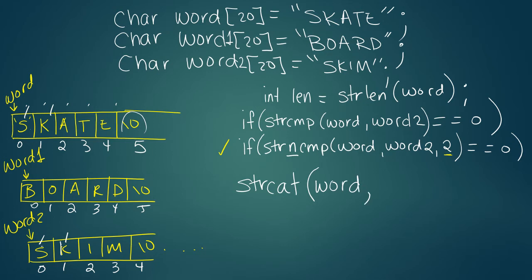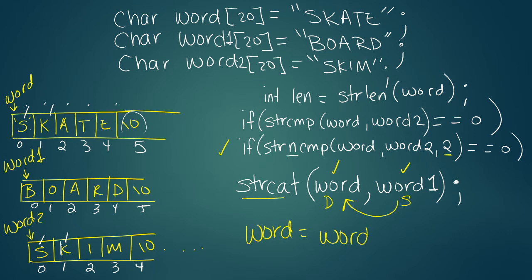I want to append word 1. So the string cat function takes 2 character arguments. This is the destination, and this is the source. So it goes this way. All right, so it's just like saying word equals word plus word 1.